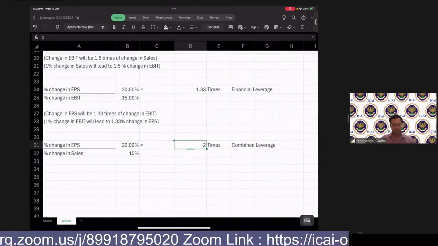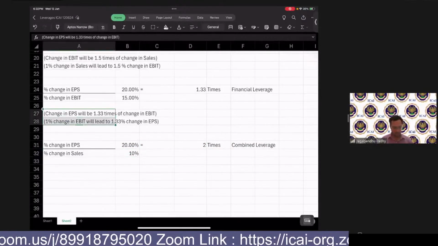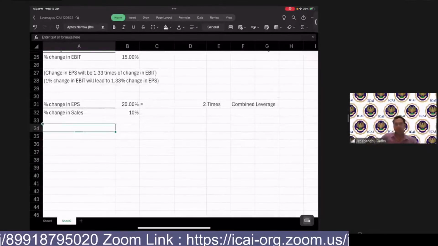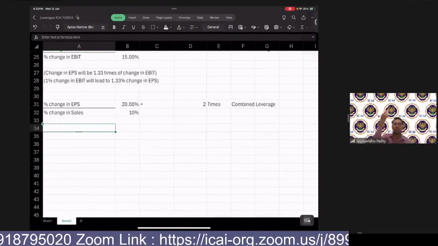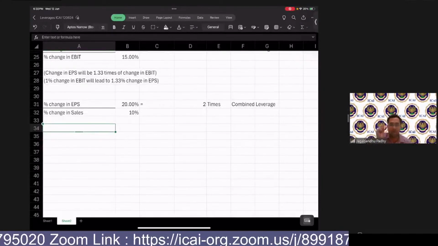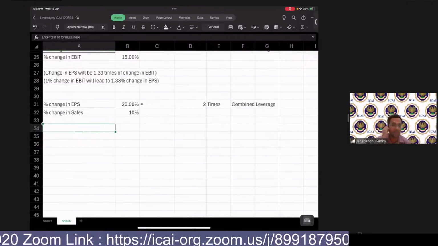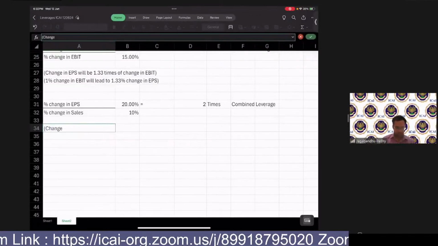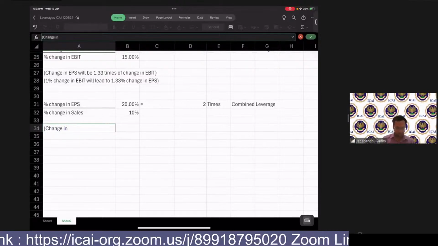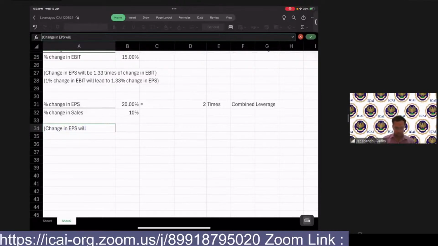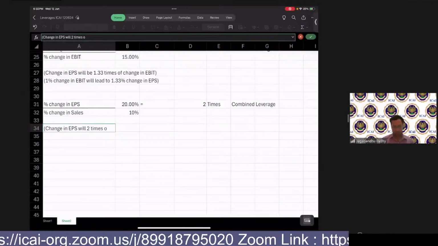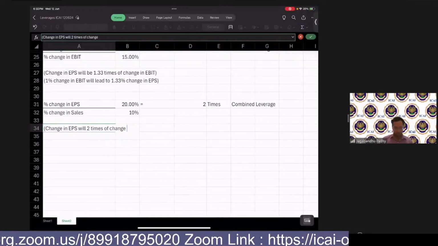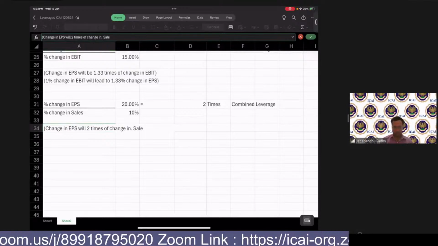So if you try to connect the analogy for combined leverage, it connects the revenue, which is the top line, with the bottom line. Combined leverage says the change in EPS will be 2 times the change in the sales line.